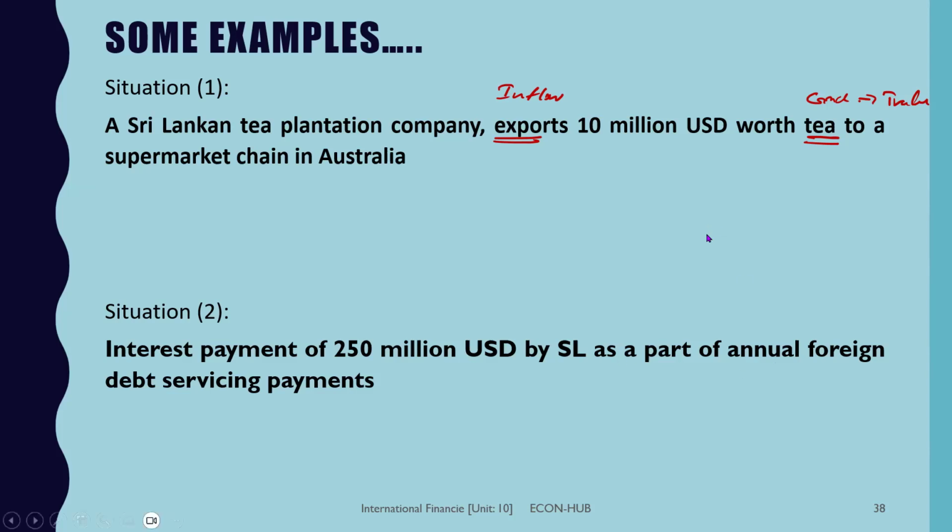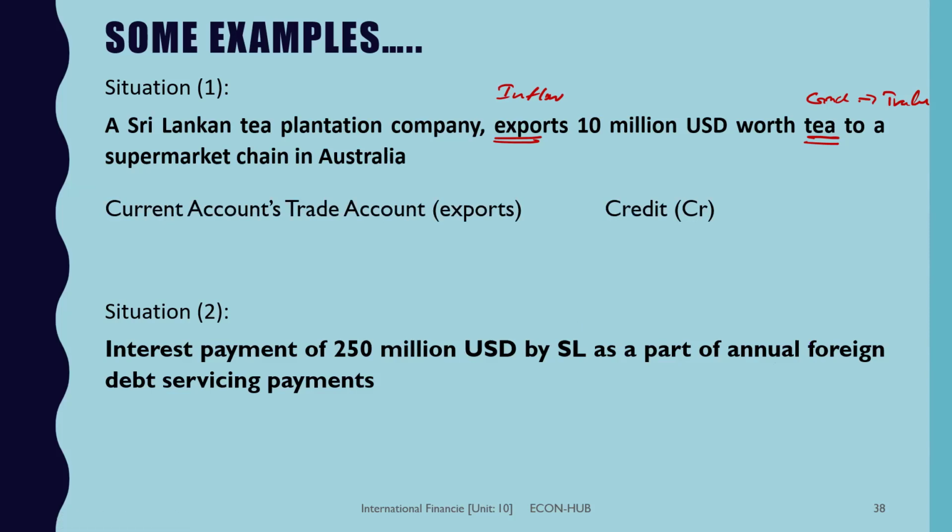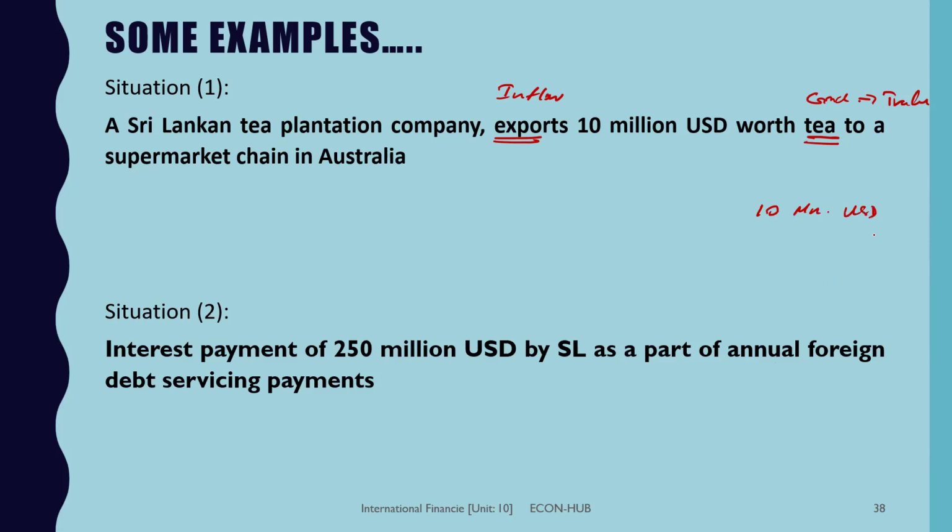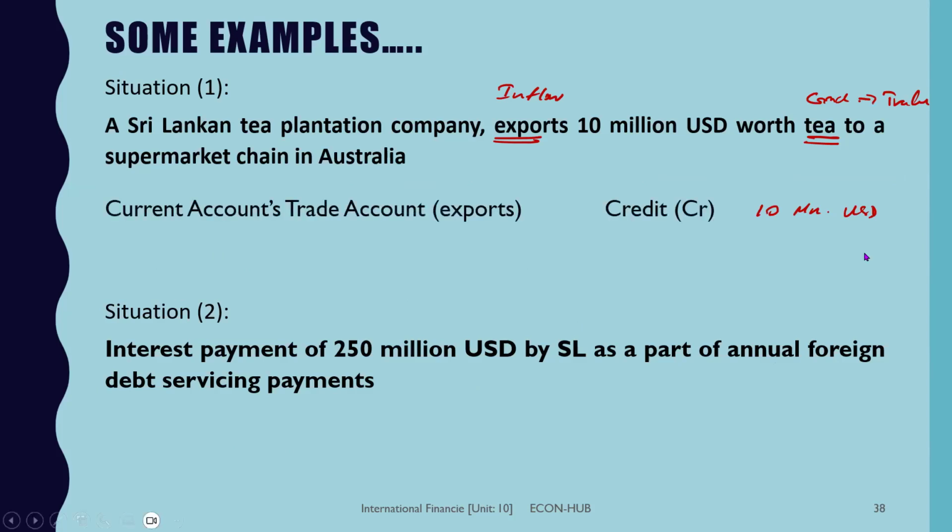Now how do we write it? Current account, trade account. If you want, within brackets, exports, credit. If you want to put the value, 10 million US dollars. If not, it's okay. Then, oops, sorry. Then second entry.